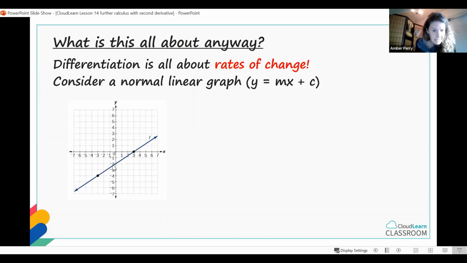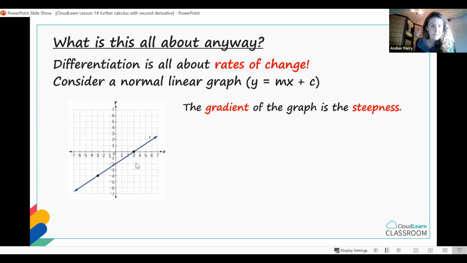So I've got a feeling the gradient there is 3/4 or maybe 2/3. 2/3 actually, it goes along 3 there and up by 2, so it's 2 divided by 3. So the gradient of this is 2/3. The point is that we can calculate the gradient on this graph and we can find the equation of this graph. The gradient of the graph there is just the steepness.